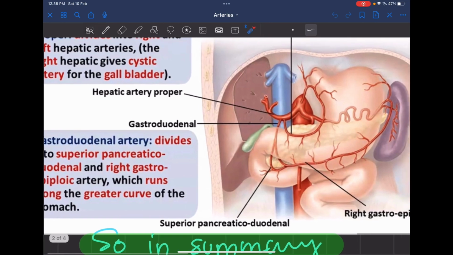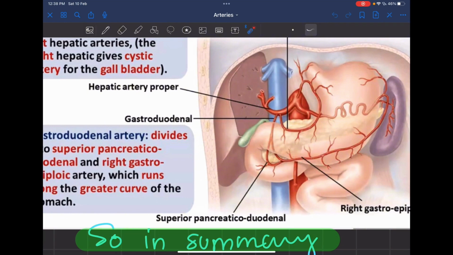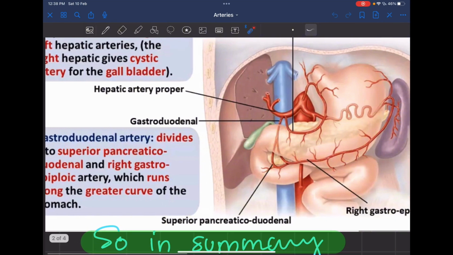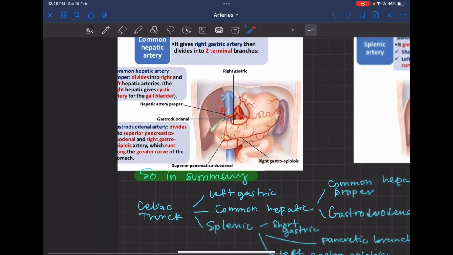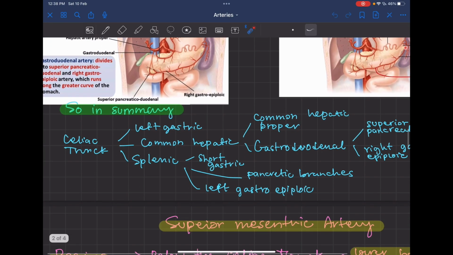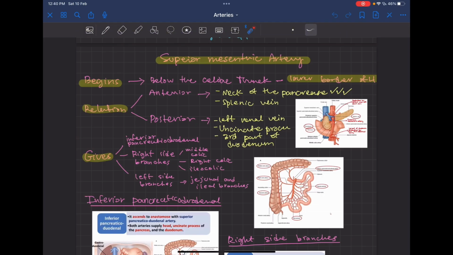Once it enters the liver, the proper hepatic divides into two, the right and the left hepatic arteries. And the right hepatic artery is going to give a very important branch that supplies the gallbladder, which is the cystic artery. This is basically the supply for the celiac trunk.